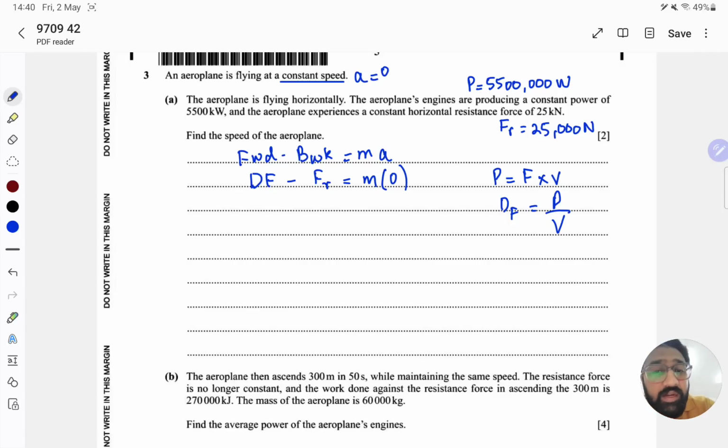So power we already have it. Power is how much? Yes, 55,100,000 divided by speed, which we are interested in calculating.